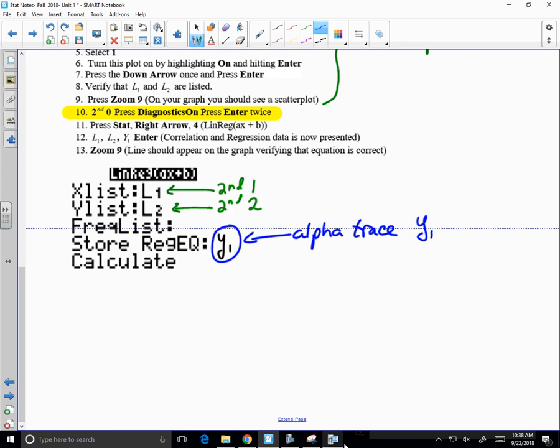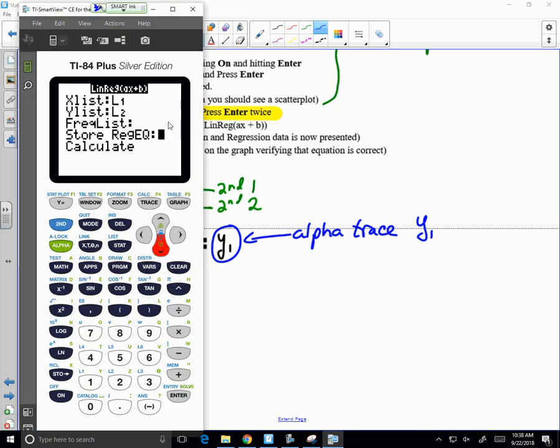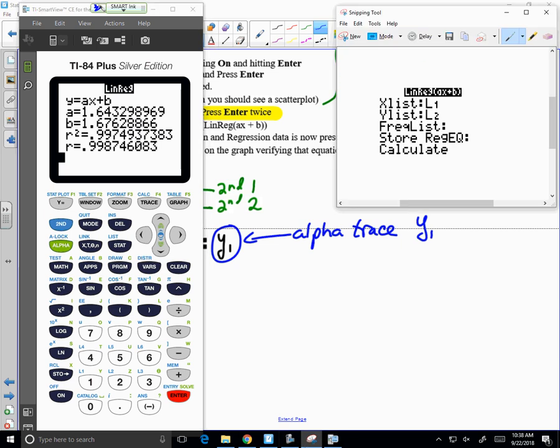All right, so again, not user friendly, but that's the way of it. All right, so D should already be there. This we want blank. To get the store regression equation, we do alpha followed by trace. And then you see a list of all your Y's comes up. Shortcut menu, select the Y1. And then you go to calculate. And you'll get this display. So I'll walk through that again in a second.